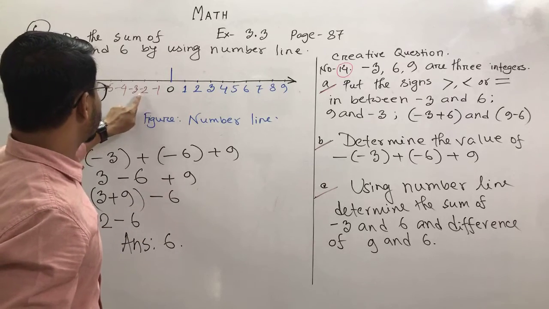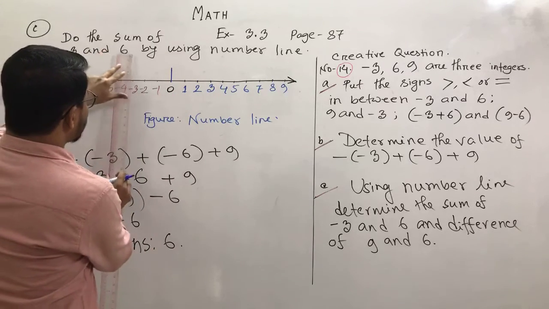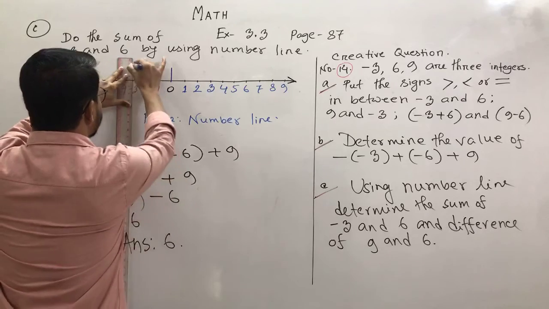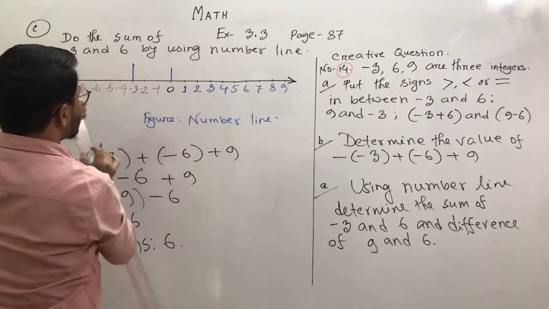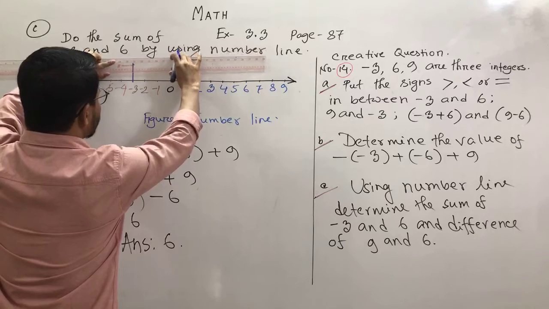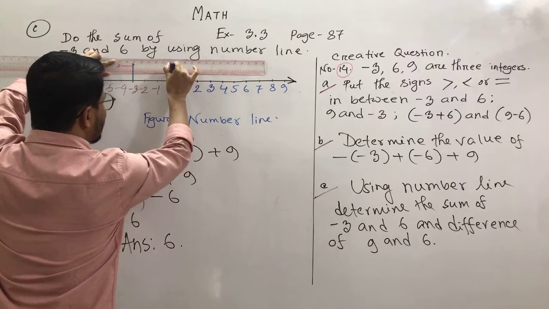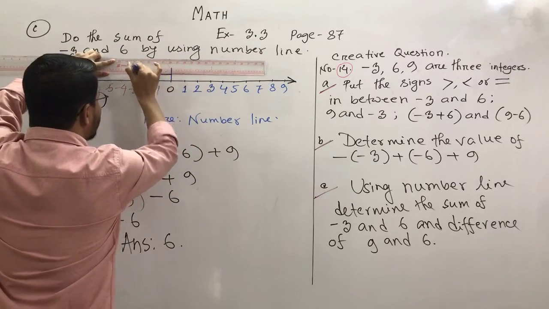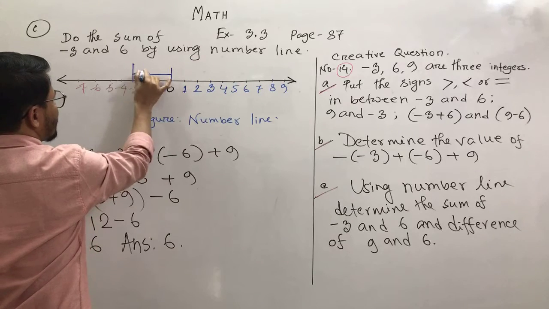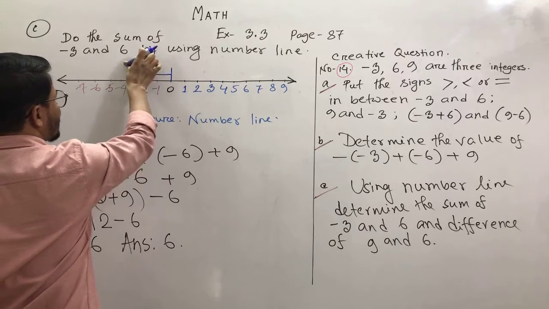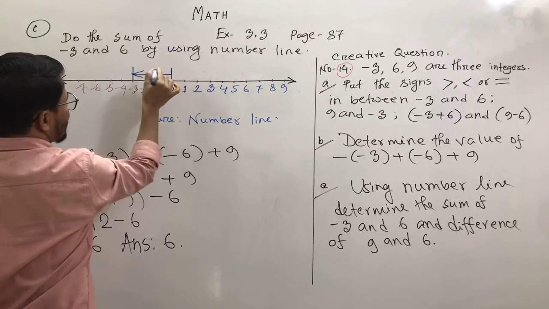So first step, second step, third step, up to -3. So this line started from 0 and completed at -3. You have to use a direction arrow here and just mention the number.